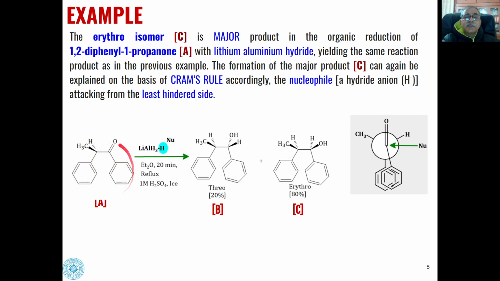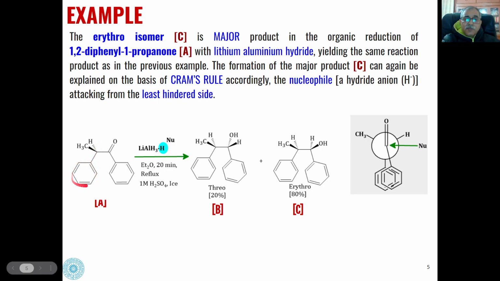If we take this as the reactant, and as per Cram's rule, the conformation of this reactant during the reaction will be like this. The R group of the carbonyl, here it is phenyl group, so phenyl will be eclipsed with the larger group on the alpha carbon.